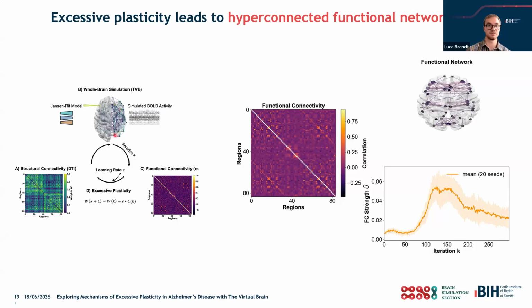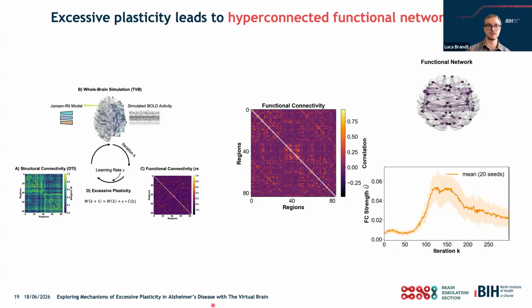Because it's similar to the structural network, you can also create functional networks from the connectivity matrices. And here you see the mean of functional connectivity over the different iterations. It's a little bit of a spoiler, but I play it now. You see that there's an increase of functional connectivity followed by a saturation.